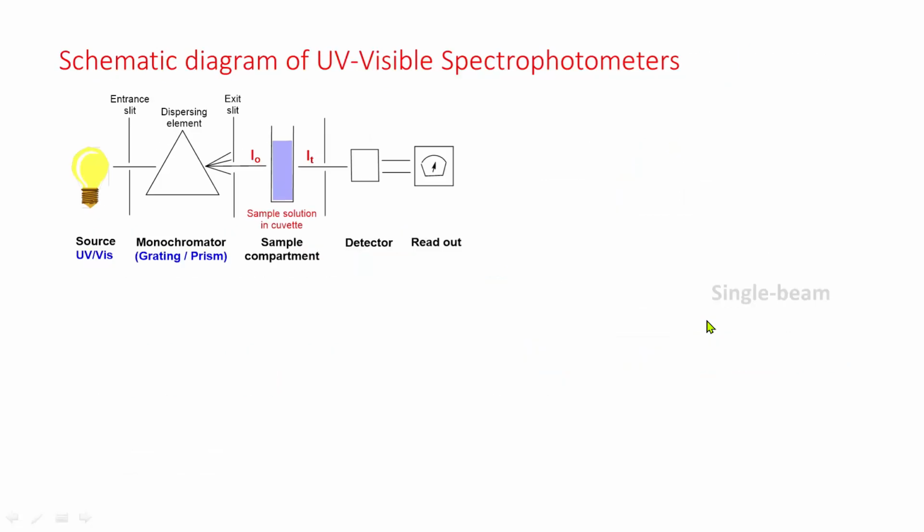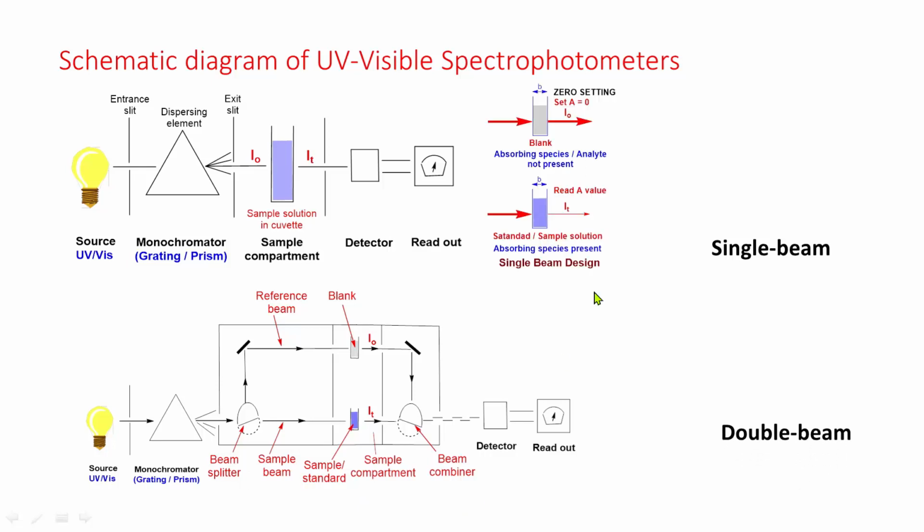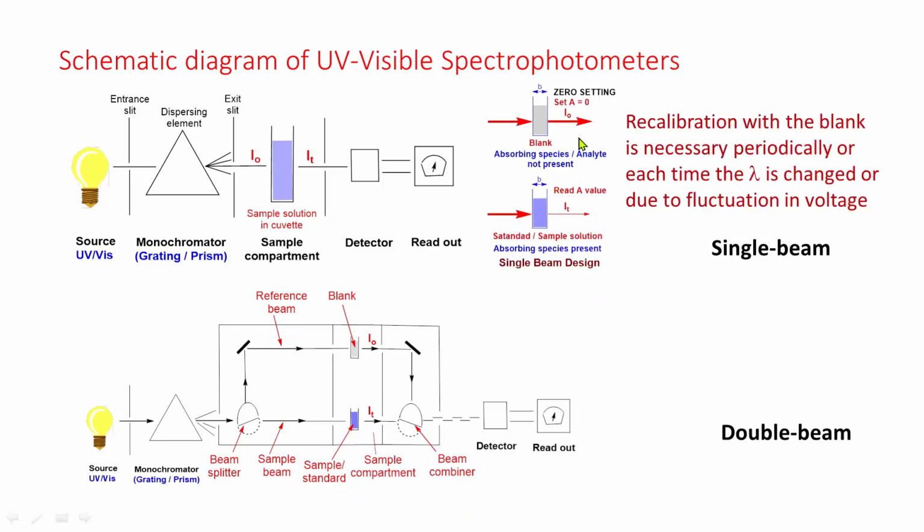This diagram is of a single beam instrument and this diagram is of a double beam instrument. Here in single beam, recalibration with the blank is necessary periodically, or each time the wavelength is changed, or due to fluctuation in voltage.